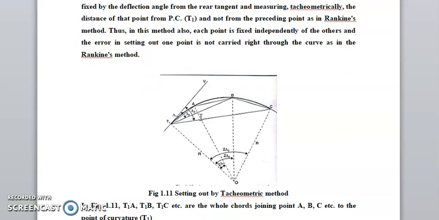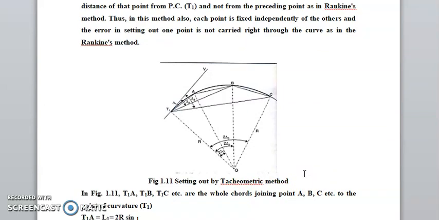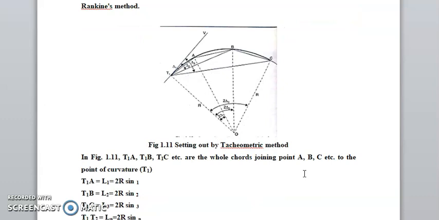Now how we find this. T1A, T1B, T1C are the long chords joining A, B, C to the point of curvature. T1A is equal to L1, equal to 2R sin δ1. T1B is equal to L2, equal to 2R sin δ2.